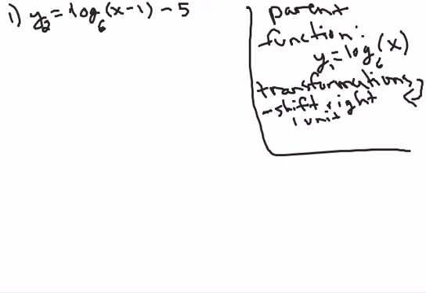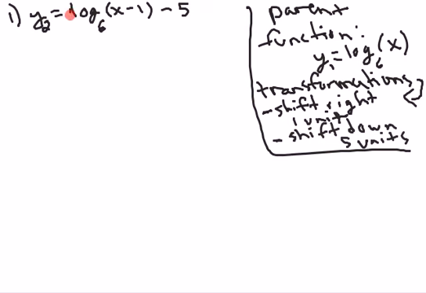So you have the -1 here, which if you haven't caught the pattern, the horizontal translations or shifts are always the opposite of the number that's next to the x. And then I also have a shift down 5 units because of the -5 attached to the end here.